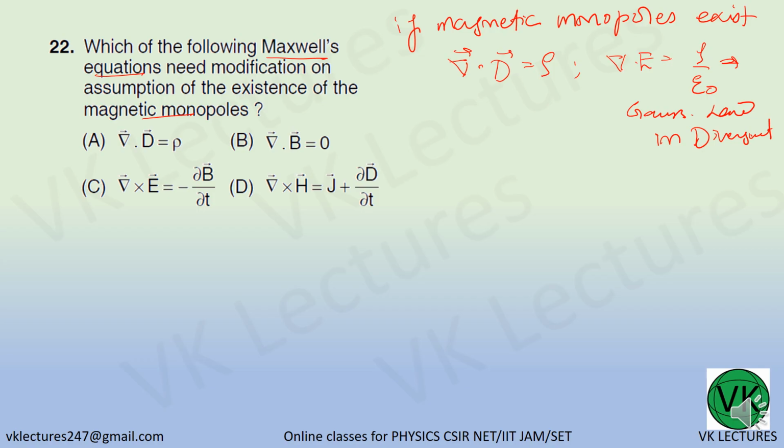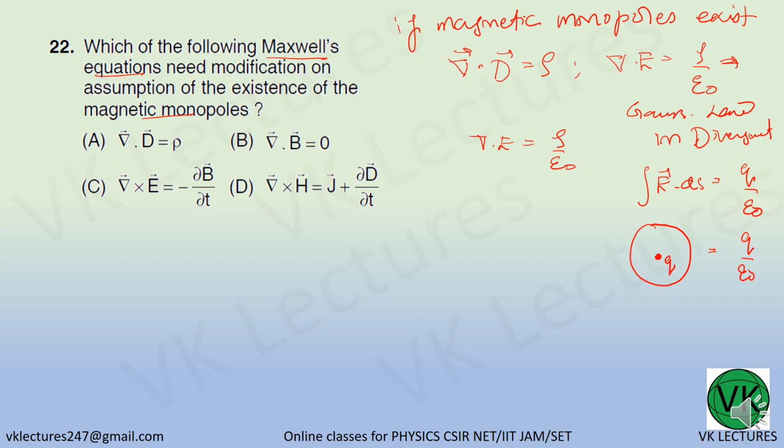Now what is it saying? Del dot E is equal to rho by epsilon naught. Gauss law, integral E bar dot ds bar equal to q by epsilon naught. We are talking about the charge in a closed sphere or any closed surface. Charge in this closed surface, let me consider it as charge q, is equal to E dot ds, that is equal to q by epsilon naught.